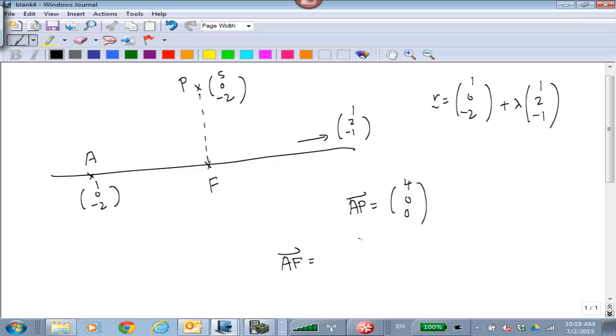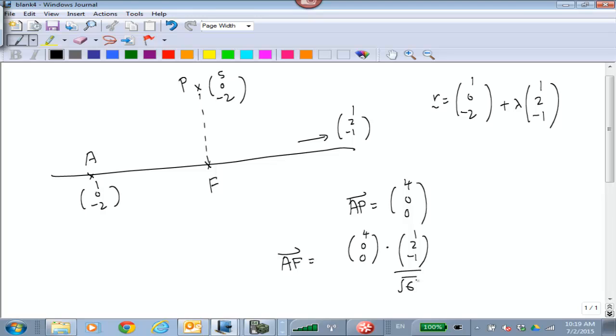Good, projection. I heard projection. So, you know the method. Tell me the details of the working. (4, 0, 0) dot with (1, 2, -1) over square root 6, right? Because I need the unit vector.